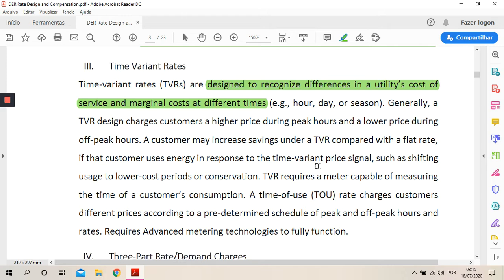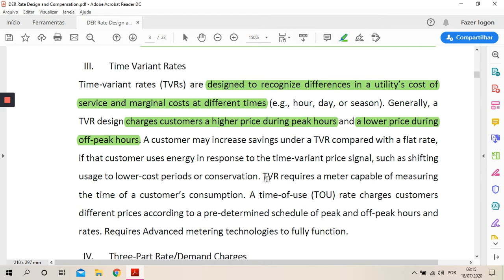Generally, a TVR design charges customers a higher price during peak hours. That's interesting. It charges customers a higher price during peak hours and a lower price during off-peak hours.